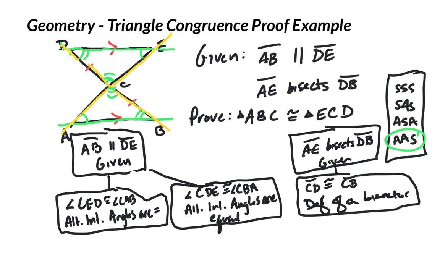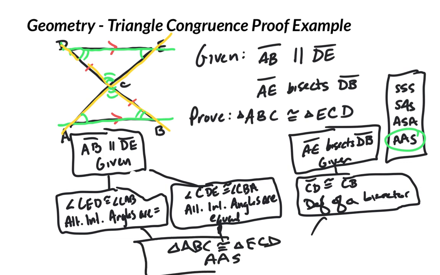So this gave us our angle angle side. So these all flow together to say that these two triangles are indeed congruent by angle angle side. So always make sure you list your givens and then kind of let those flow. Okay, now that I know that that was given, what does that give me?